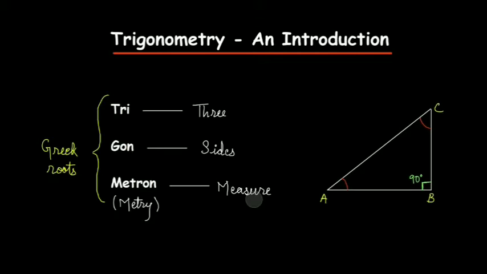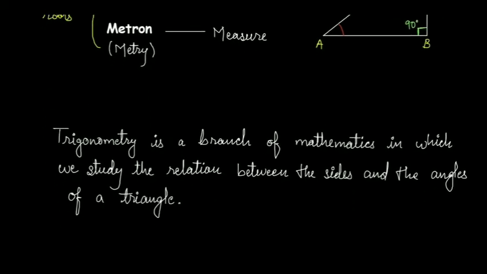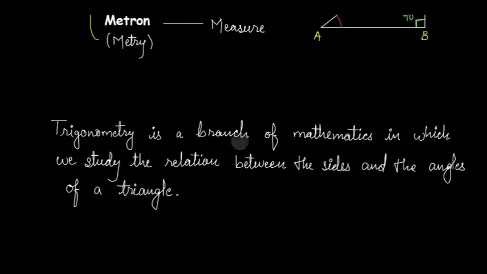Now observe this one. Trigonometry is a branch of mathematics in which we study the relation between the sides and the angles of a triangle.